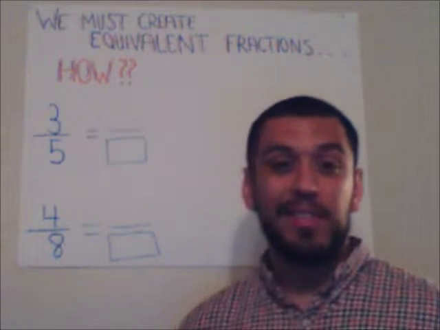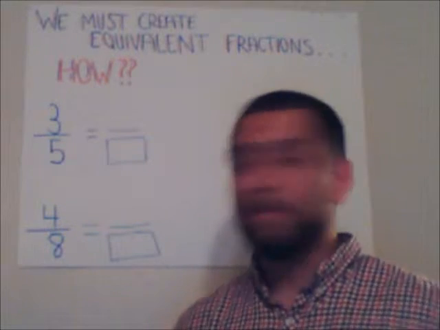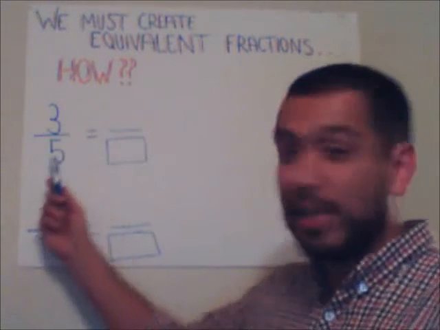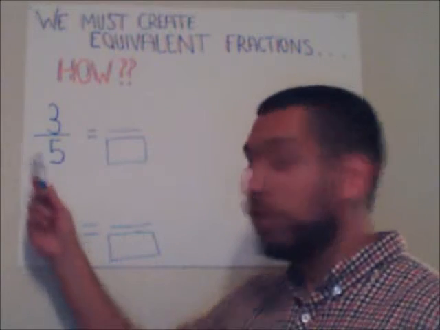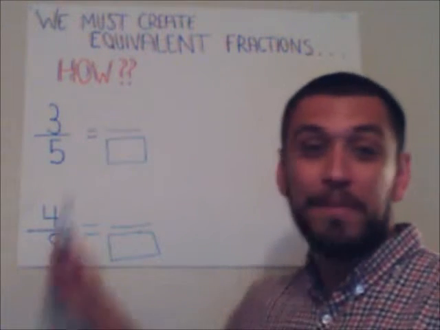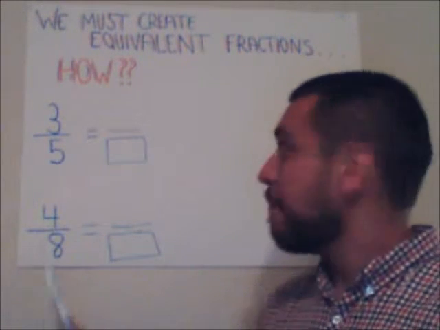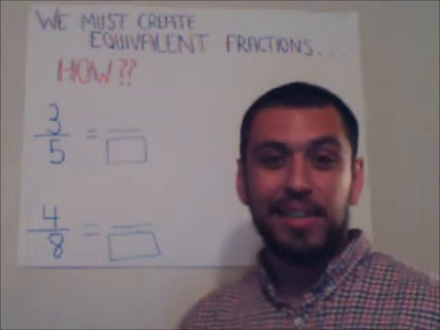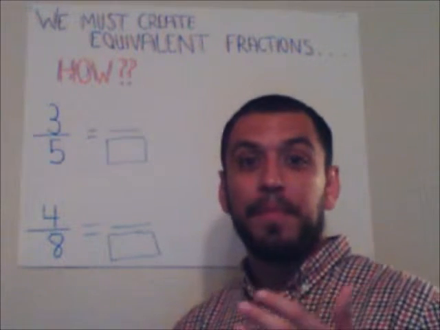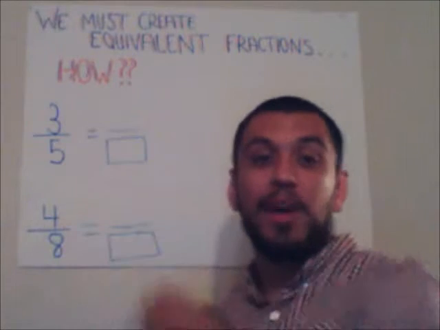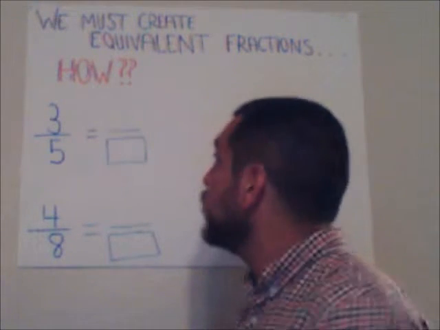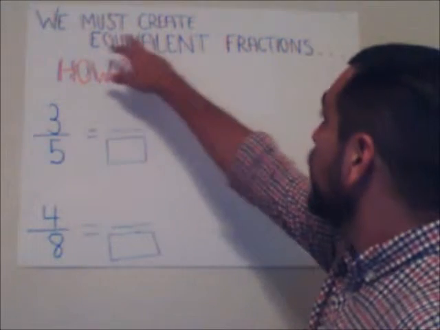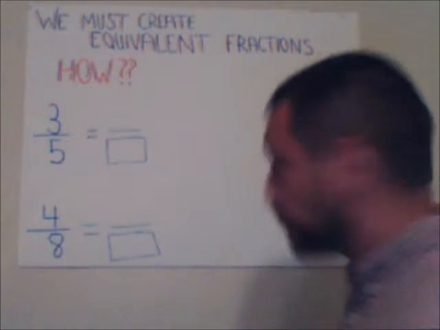Now, how do we find this denominator? How do we come up with it? We do that again by going back to our original fractions, our original denominators, which are 5 and 8. Okay. We must find a number that both of these have in common. Okay, so how are we going to create equivalent fractions?